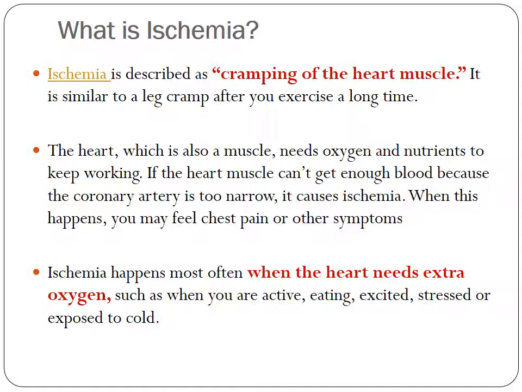It is usually when a person is physically involved, like doing extra work, being extra active, running, jogging, using the treadmill, and when excited, when in a stressed mode, or when exposed to very cold weather conditions. Okay, so that is when the demand for oxygen is actually more.